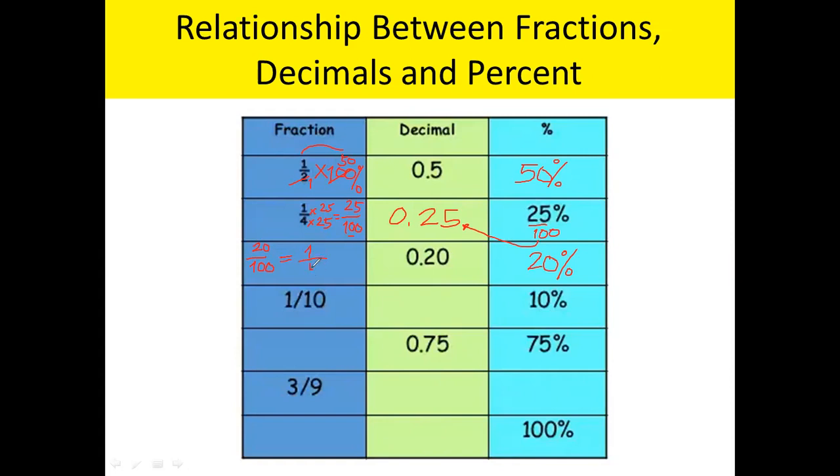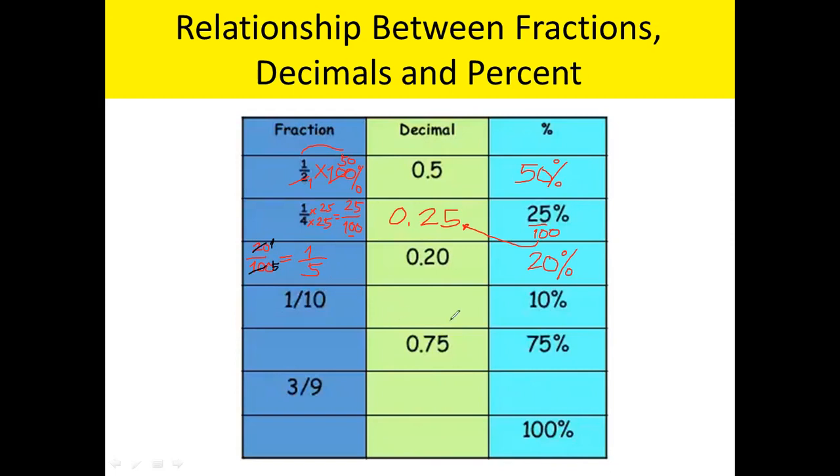Okay, so that is 1 over 5. Okay, why 1 over 5? 20 divided by 20 is 1. 100 divided by 20 is 5. All right, so therefore 1 over 5. Okay, next. Very easy. All right.